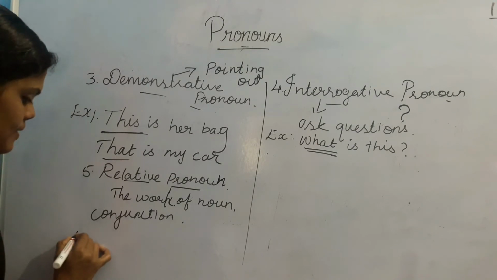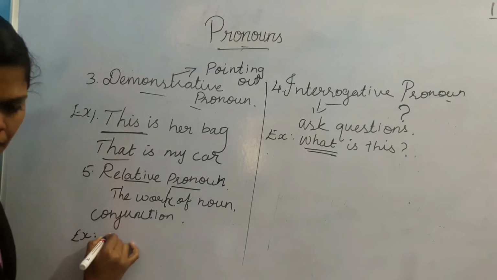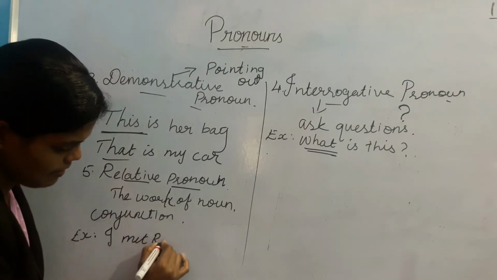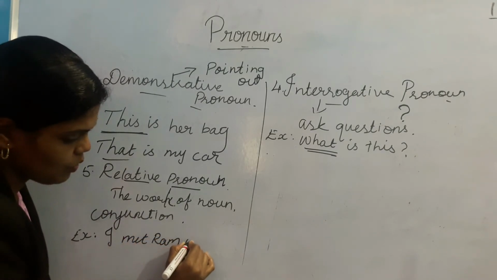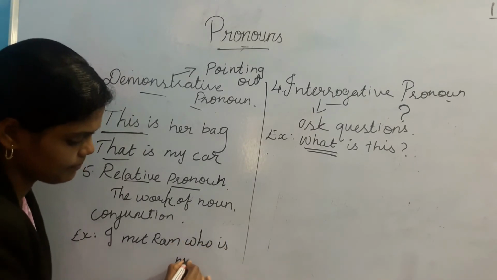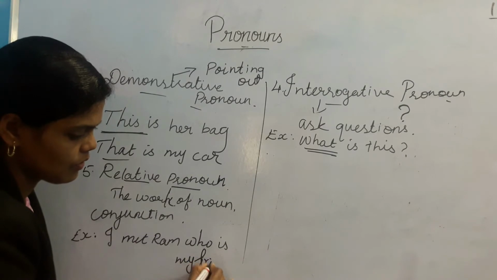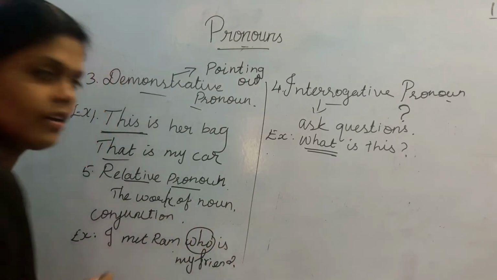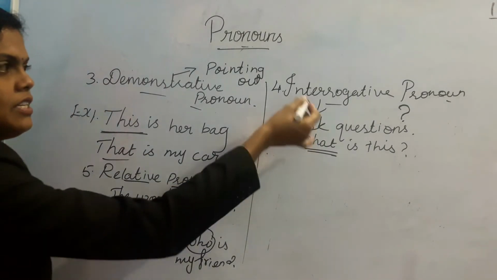Example. We'll say, I met Ram, who is my friend. Do you understand? I met Ram. This "who", you should not say it is an interrogative pronoun.